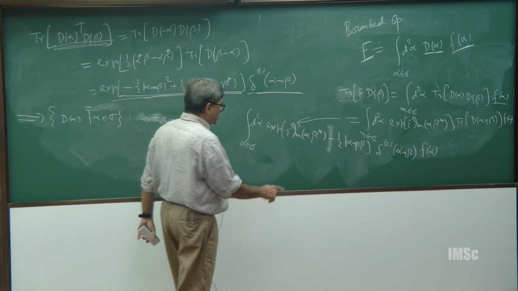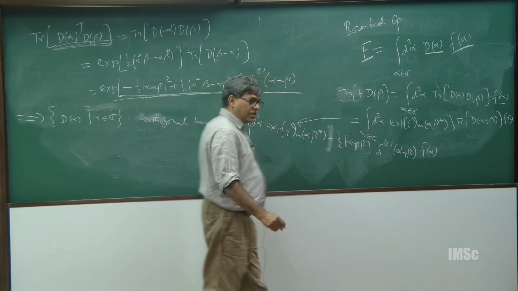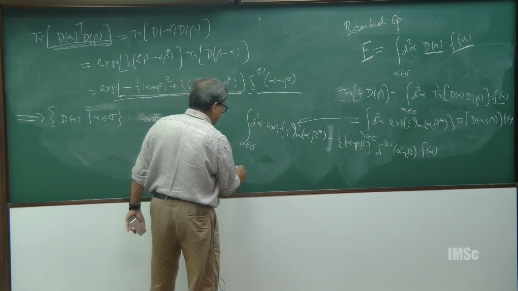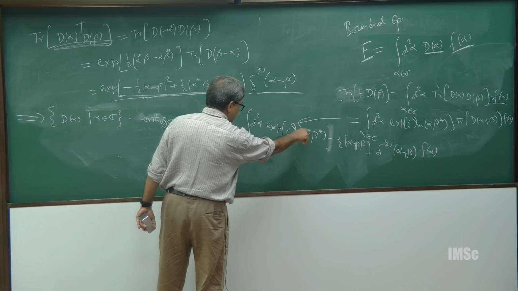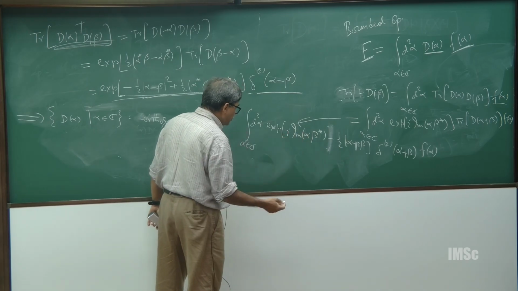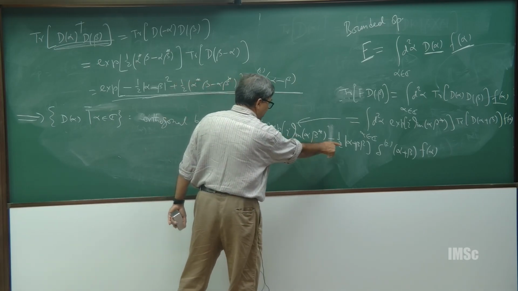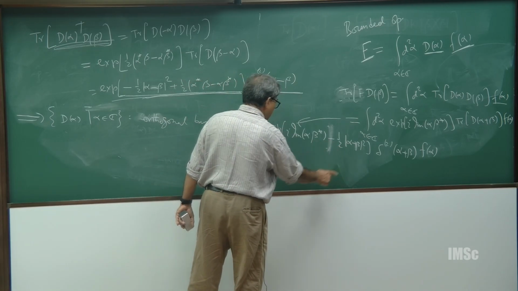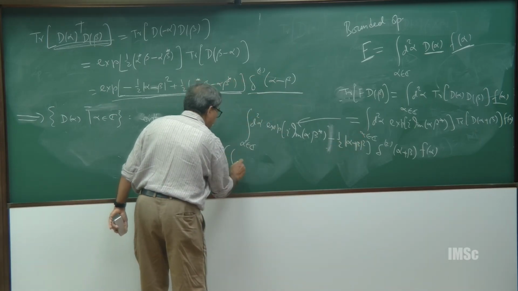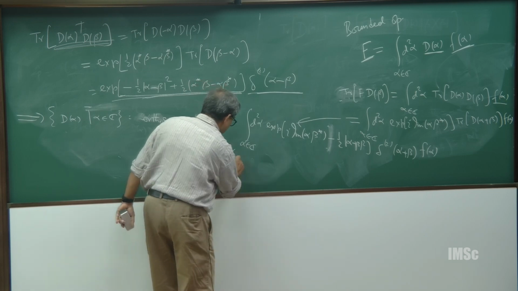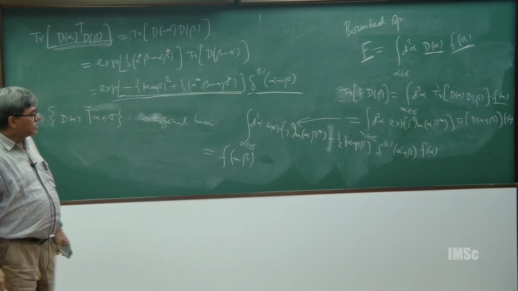So this means that alpha should be equal to minus beta. So what we will get is imaginary part of minus mod beta squared, which is 0, and this is also 0. So this will go out. So basically what we will have is f of minus beta.